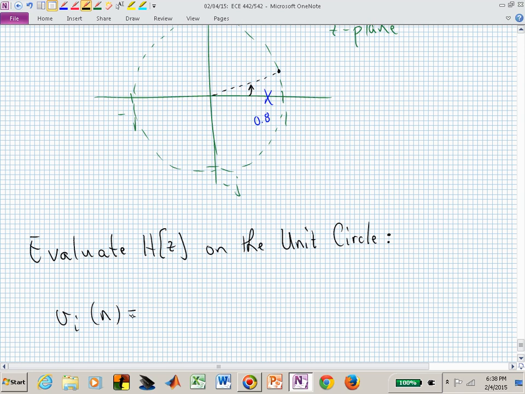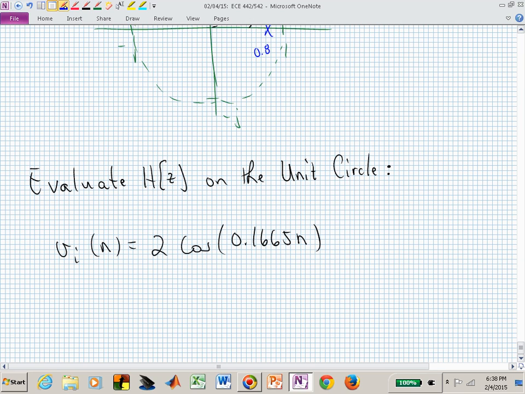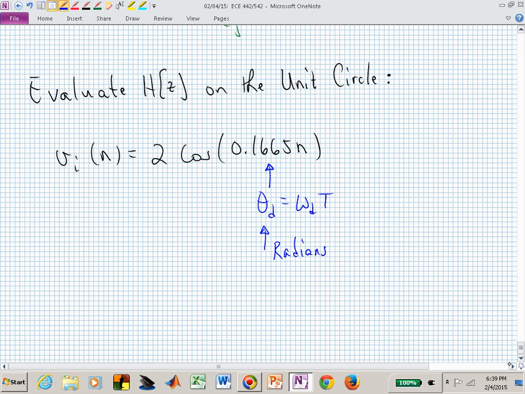I'm going to suppress the capital T, but this was 2 cosine of 0.1665n. This is our theta sub d, which was our omega sub d T. This is in radians. What kind of an angle do we have in degrees?